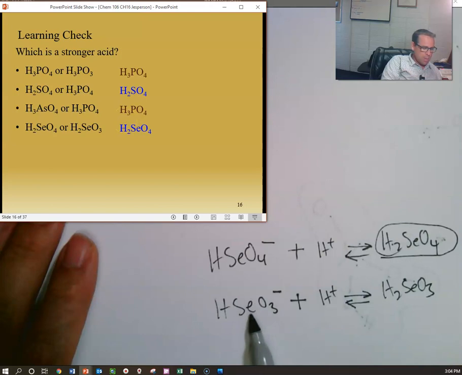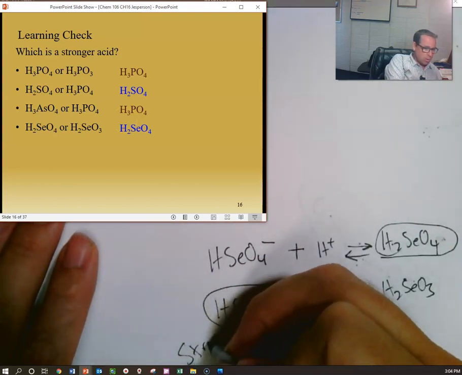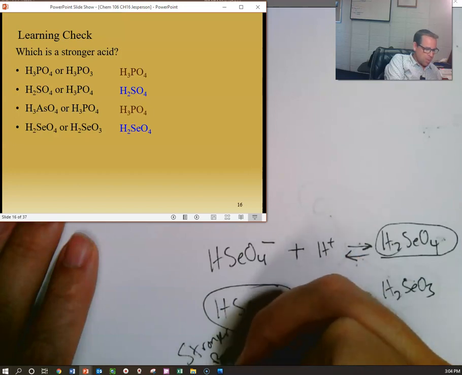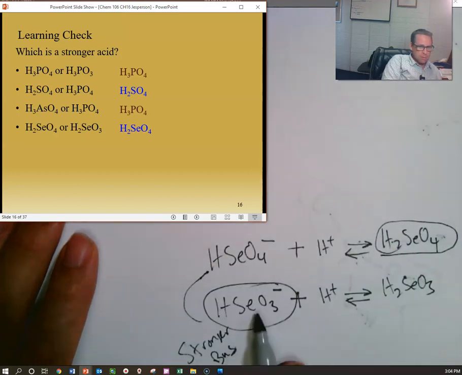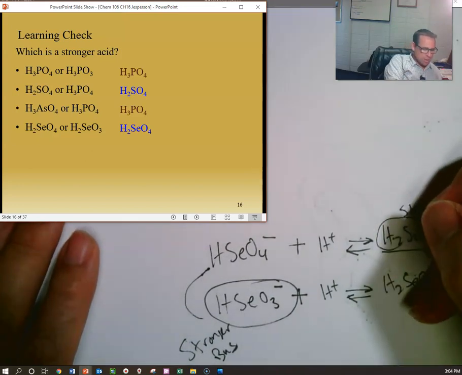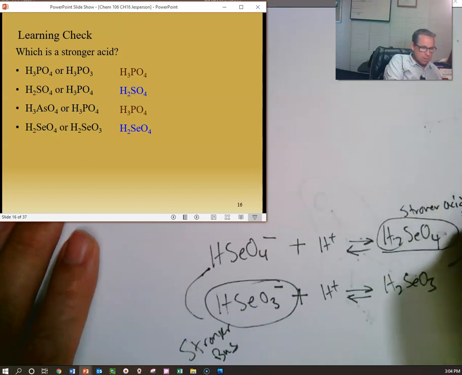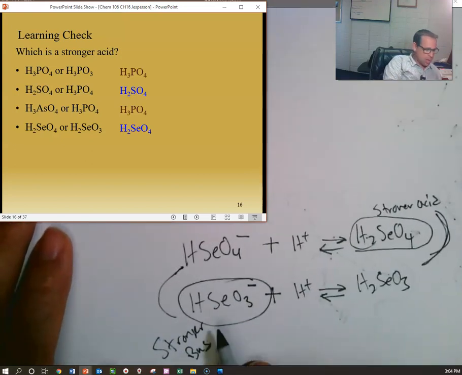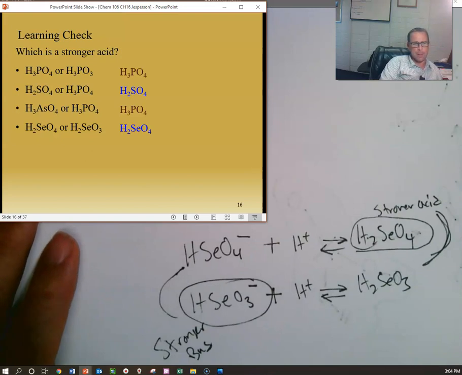This is a weaker acid, making this one over here our stronger base when compared to this one, right? Very good. Okay, so because this one is our stronger acid when comparing these two, that means this one down here is a stronger base than that one there. Okay?